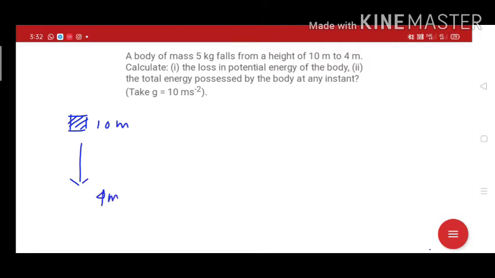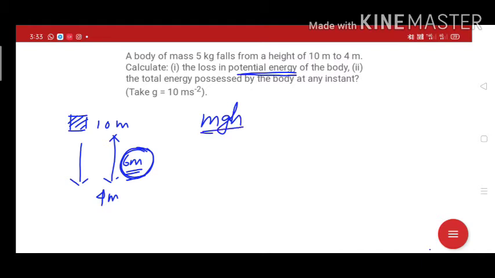That means there is a change in the height of 6 meter. And they're asking what is the loss in potential energy. As the body is decreasing in height, there will definitely be a loss, and the loss actually depends on the decrease in height. So how are we going to calculate it?